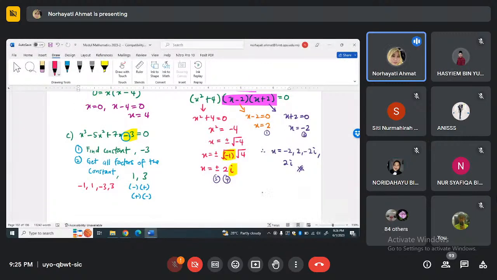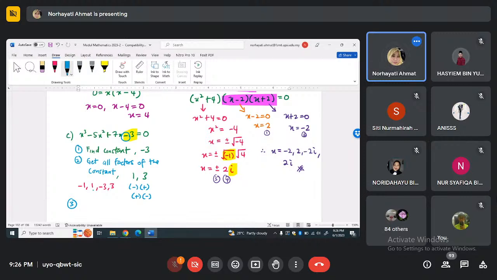Okay? Boleh? And then after we know the possible roots for this polynomial, we need to find which value gives 0 to the polynomial, which value makes the equation true.